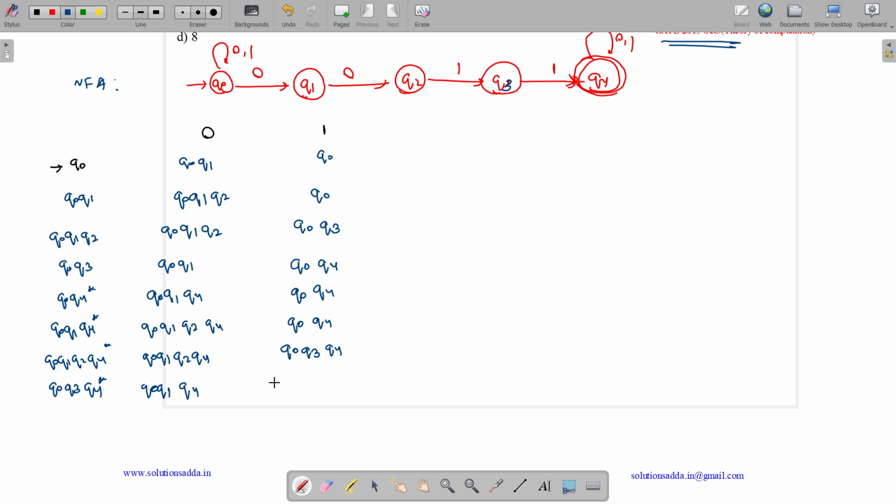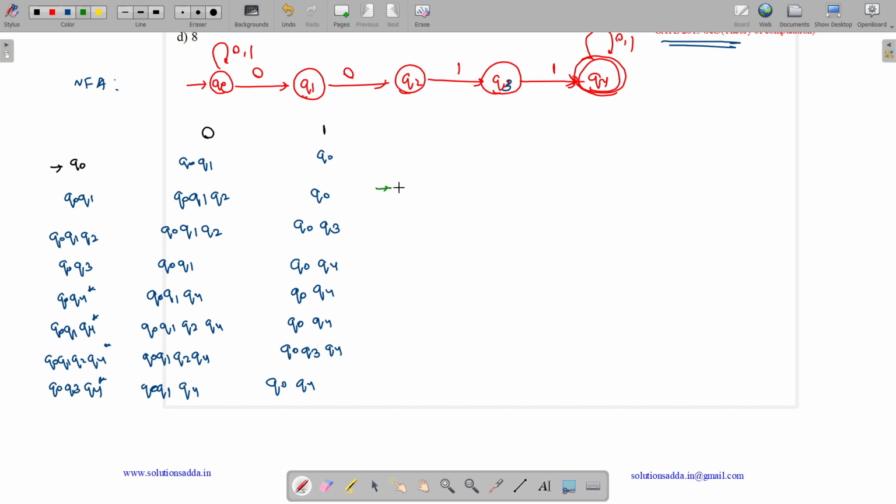Now on 1, Q0 on 1 goes to Q0, Q3 on 1 goes to Q4, and Q4 on 1 goes to Q4. Now Q0 Q4 is already done, and Q0, Q1, Q4 is already done. So let us draw the DFA for it.